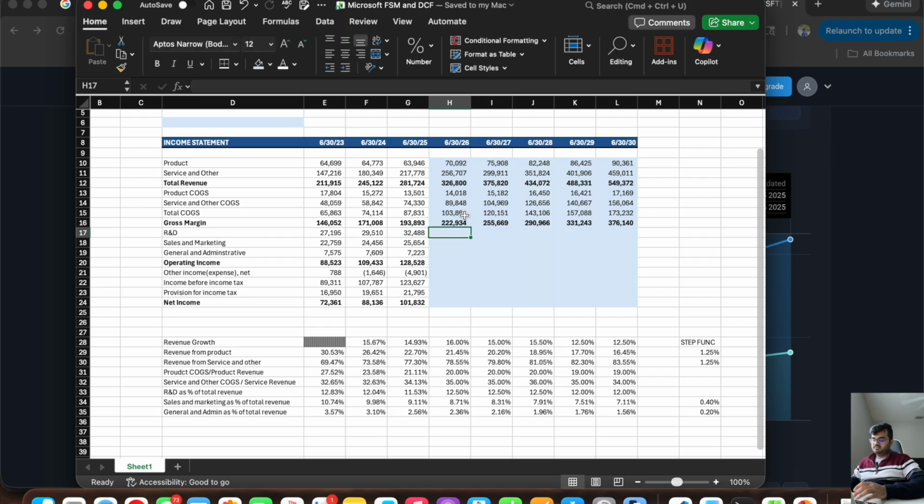So what I need to do is multiply R&D with the total revenue and do this. Then multiply the total revenue with this number, then same here.